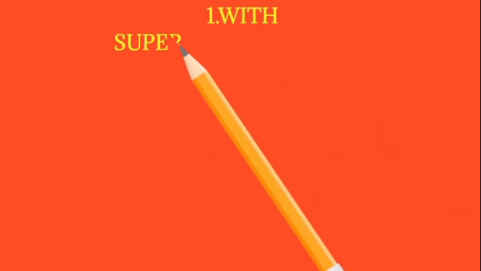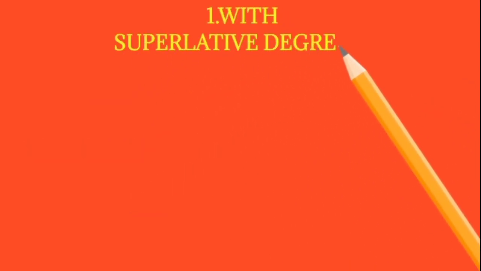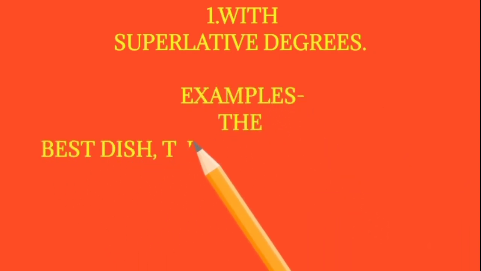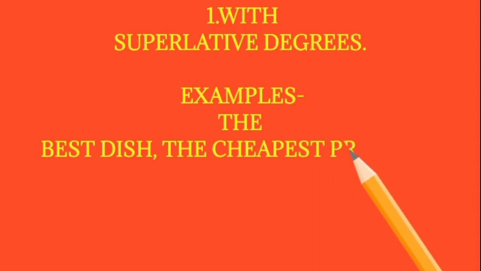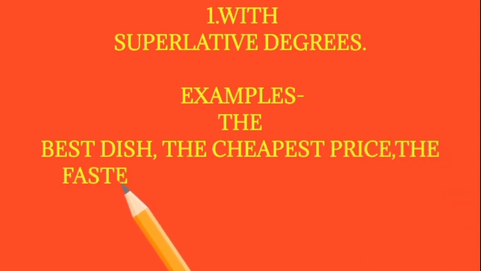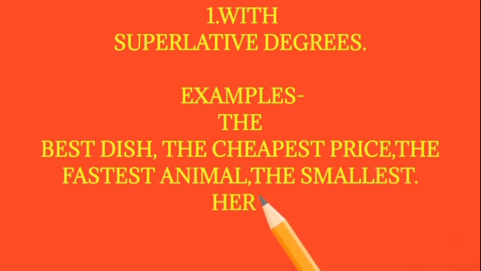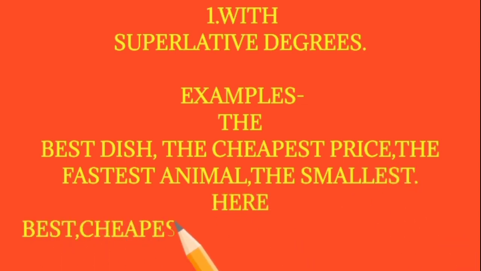When do we use the article? First, with superlative degrees. For example, the best dish, the cheapest price, the fastest animal, the smallest.